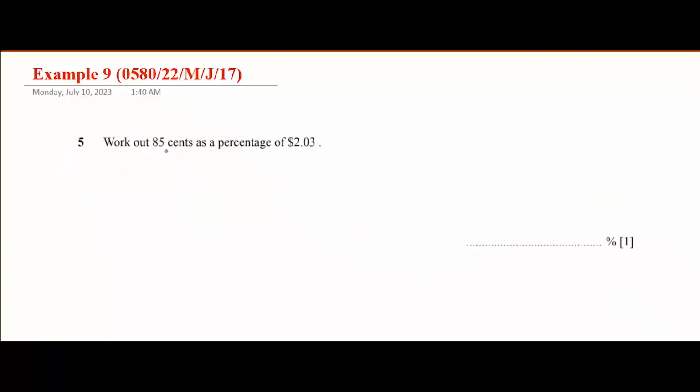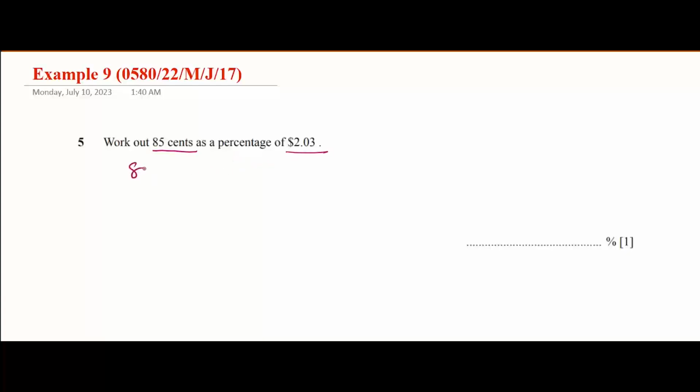Work out 85 cents as a percentage of $2.03. You need to be very careful. This one is in cents and this one is in dollars, so they must be in the same unit before you can write one as a percentage of the other. So I'll leave the two in cents.